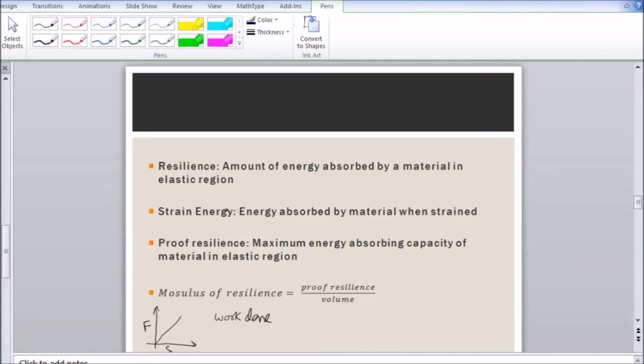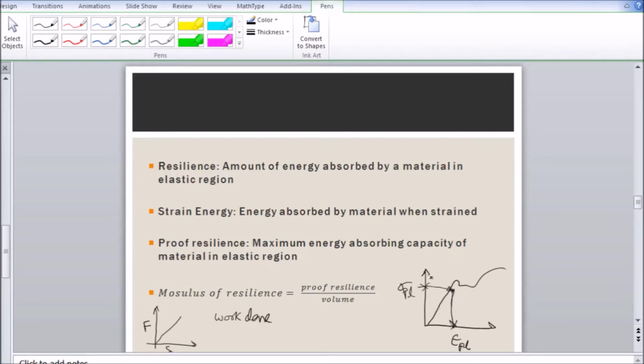Now this strain energy we are measuring is related to the amount of strain that occurs. We already studied in the stress strain diagram that there is a certain proportionality limit. At this proportionality point, the stress is sigma PL, that is, stress at proportionality limit, and this is the strain at proportionality limit.